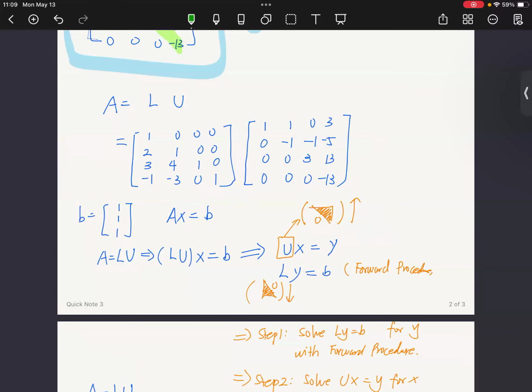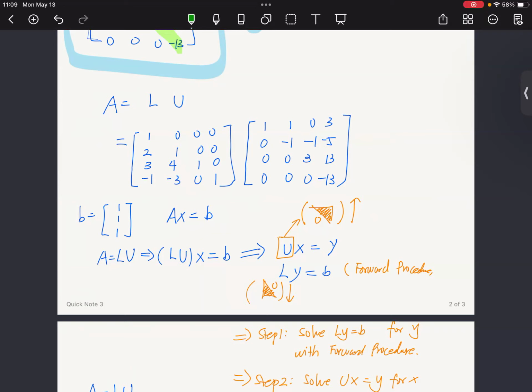This is the LU factorization, and we plug in the A here and get LU times X equals B. Because this is matrix-vector multiplication, we can use the associative law and do the multiplication of U and X first. We let UX equal Y, and then we have LY equals B.